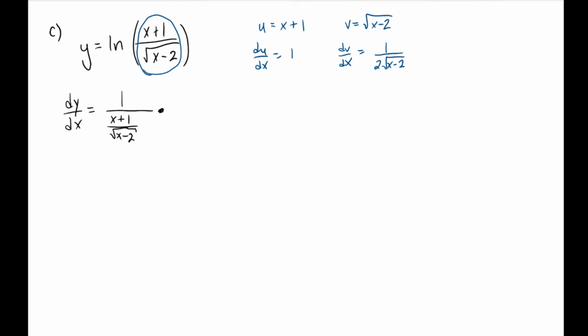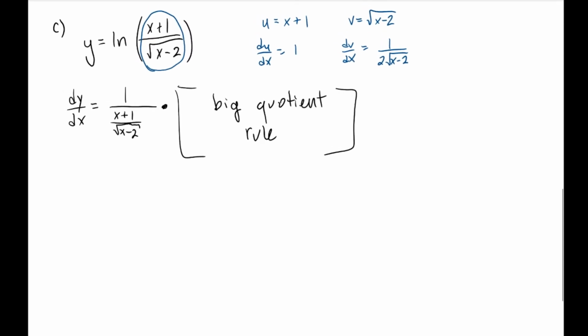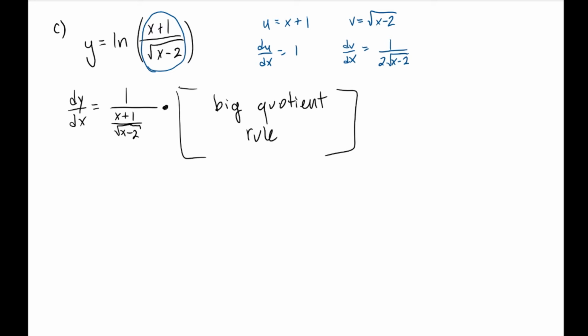And so we basically then have to assemble those pieces back together using quotient rule, and it's just going to be a mess. Because here I'm going to have this big quotient rule write-up, and it's not even going to be nice. And it will simplify, don't get me wrong, but it won't be easy. You could go that route, and in fact, I'd honestly encourage you to just give it a try so you can actually see the distinction between these two strategies.